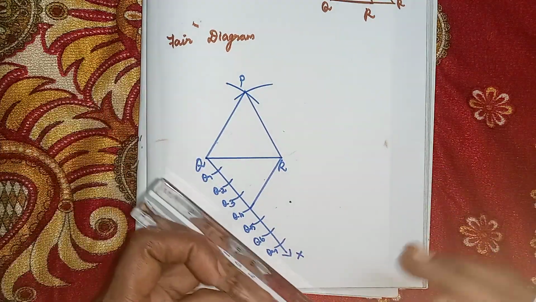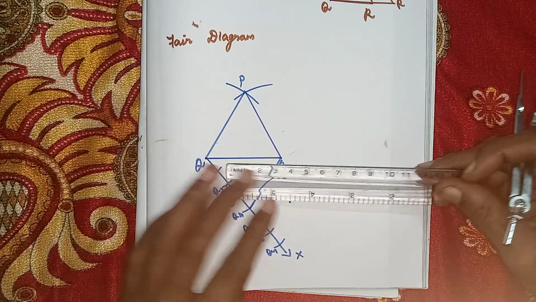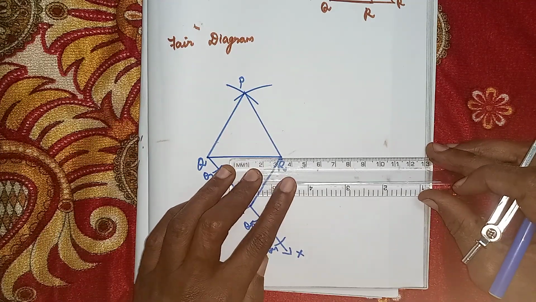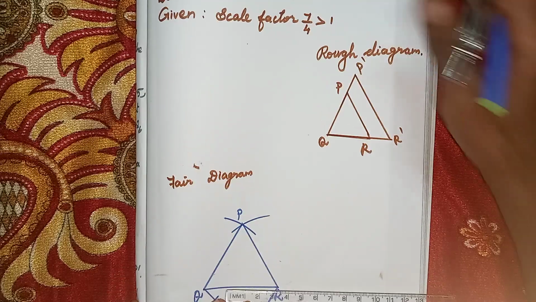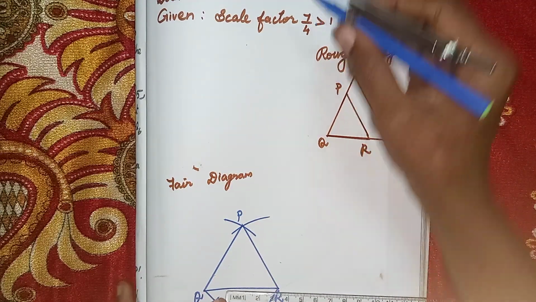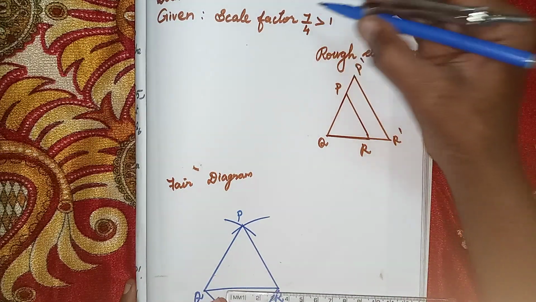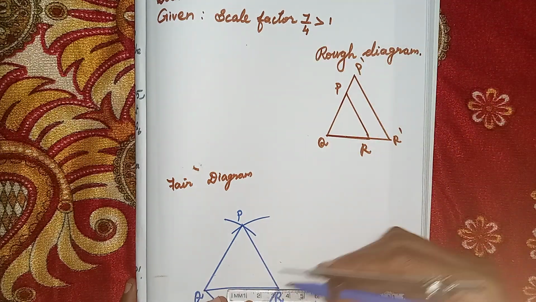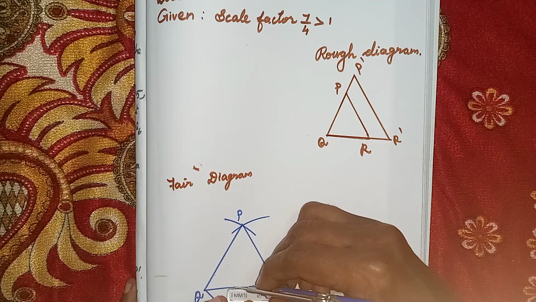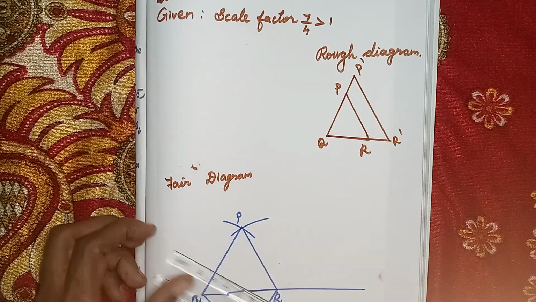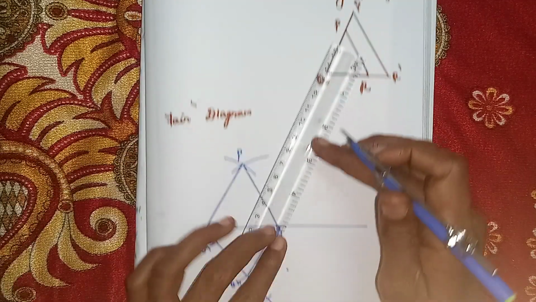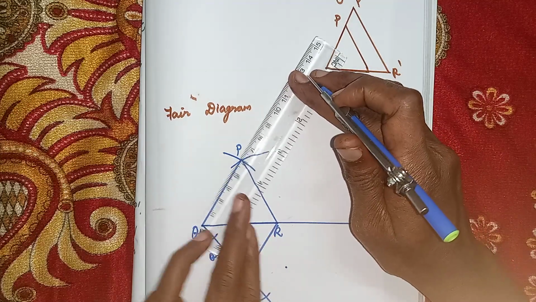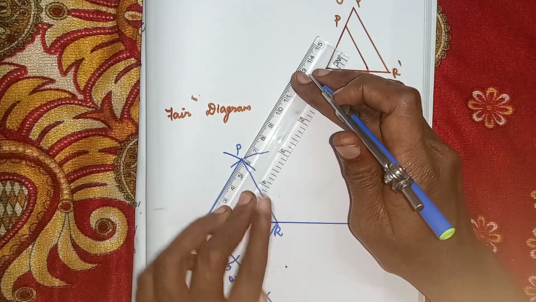Now students, listen here. I have explained the scale: if the numerator value is greater, the similar triangle will become outside. So please extend the QR line and the QP line.